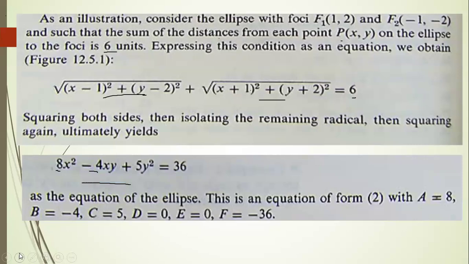Our c term, the y squared term, is 5. And d and e would be 0 because we don't have the other terms there. And then f would be negative 36. Why negative 36? Because if we take this positive 36 over the equal sign so that it is a constant, it would change to negative. So we'll have negative 36 there.